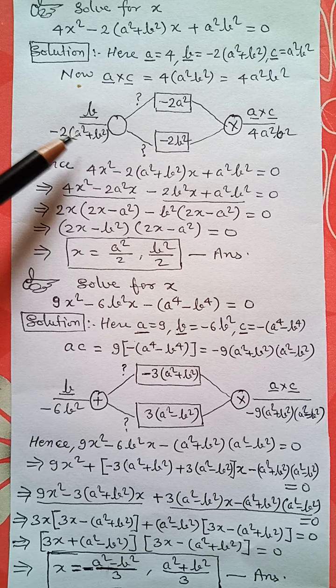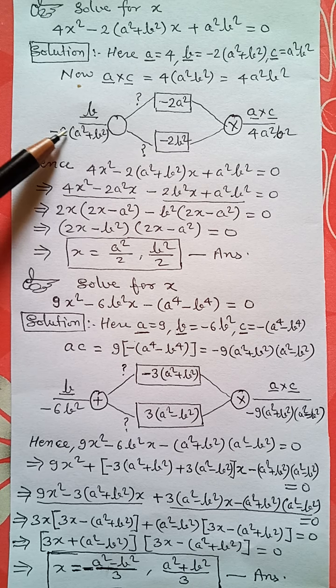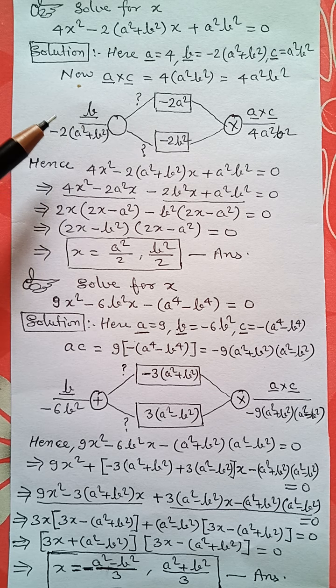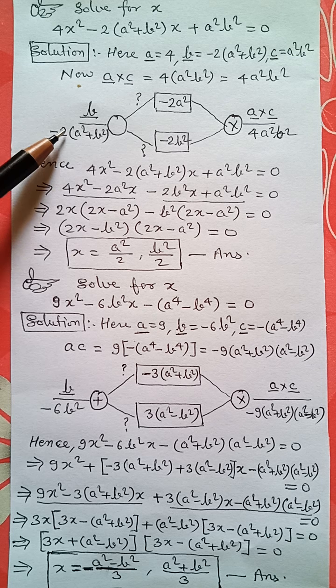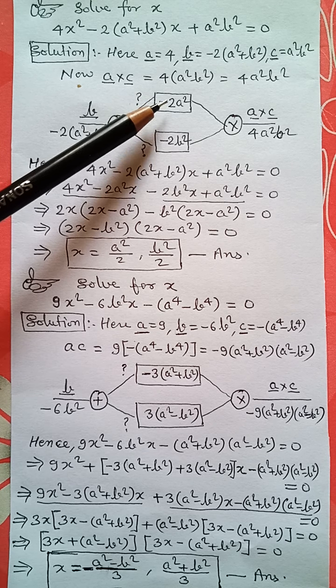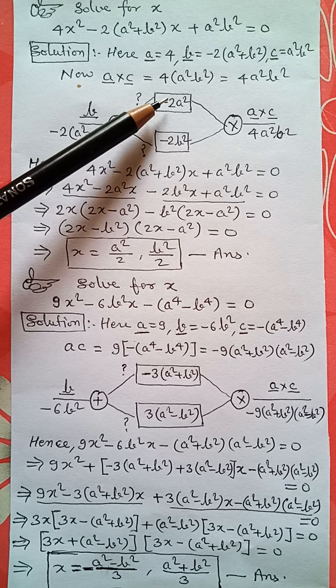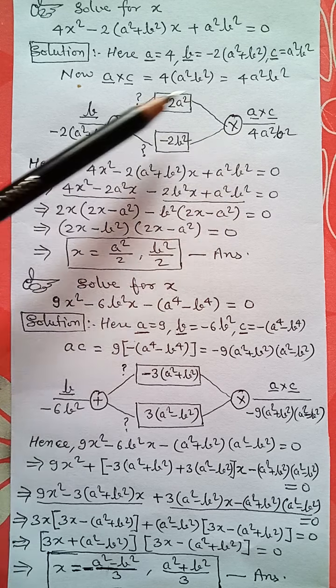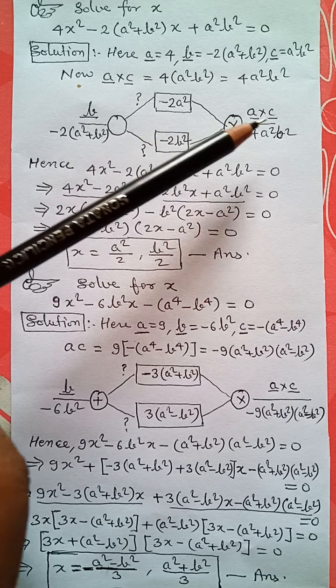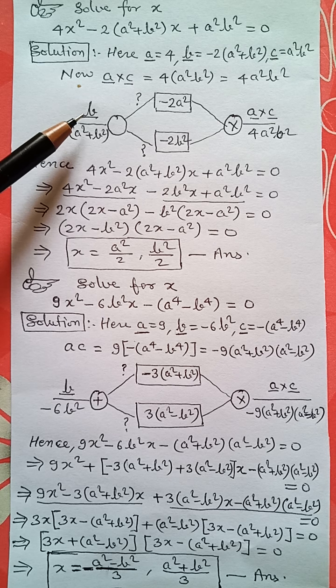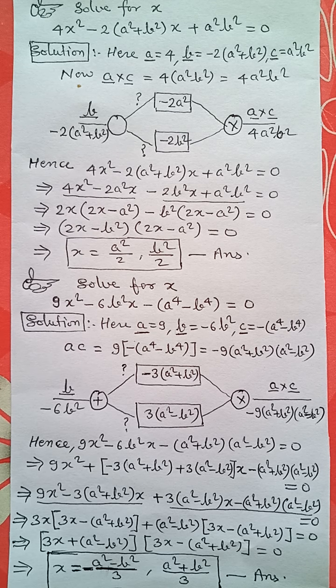Here we see that this middle term consists of two terms, −2a² and −2b². Now let us find the product of −2a² and −2b². Minus multiplied by minus is plus, 2 multiplied by 2 is 4, a² multiplied by b².